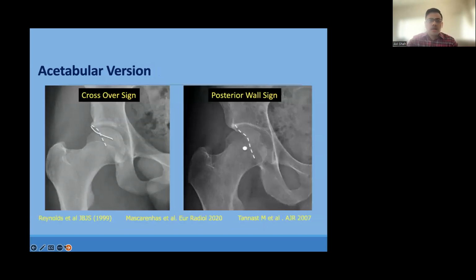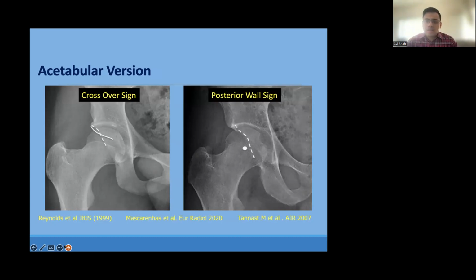Next we look at the version, and one of the important signs is the crossover sign, where the anterior and posterior wall cross over. Either it can be cranial, caudal, or complete crossing over. The posterior wall sign is an important sign for stability and retroversion.